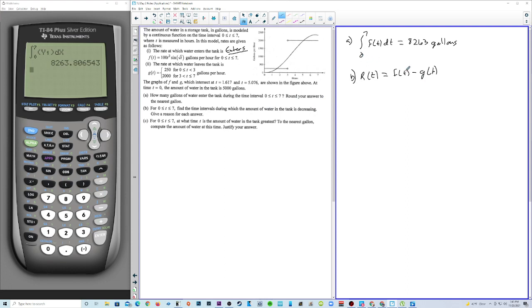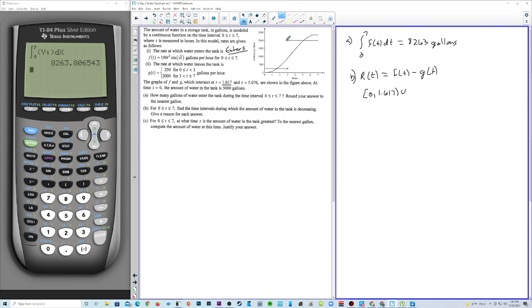So when g of t is greater than f of t, then overall the water will be leaving the tank, and that happens from 0 to this point right here, 1.617. So 0 to 1.617.